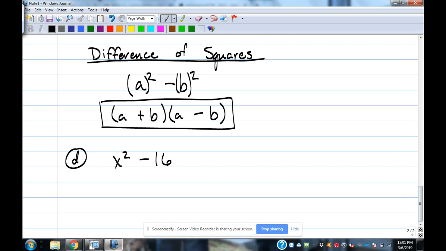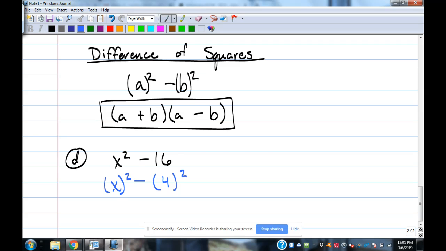Okay, so 16 is what squared? 4. Okay, so we can rewrite the 16 as 4 squared. What squared gets me x squared? What times itself will get me x squared?